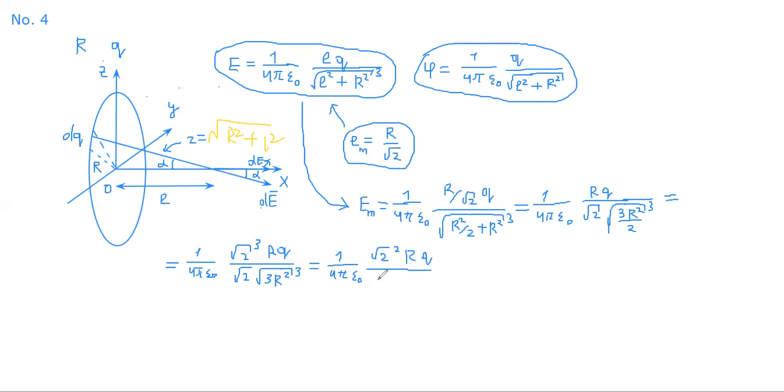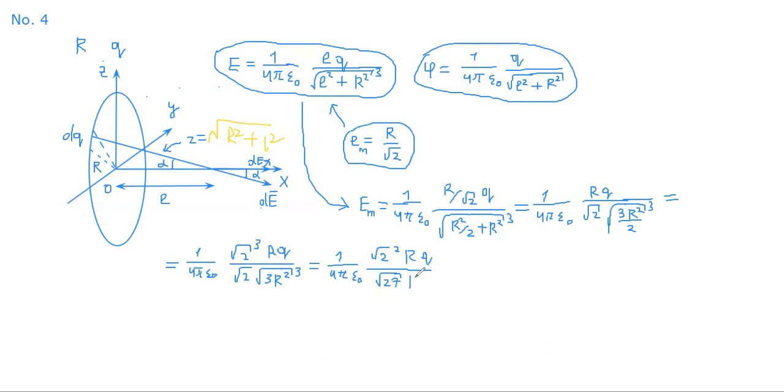And square root of 27. 27 is 3 to the power of 3.